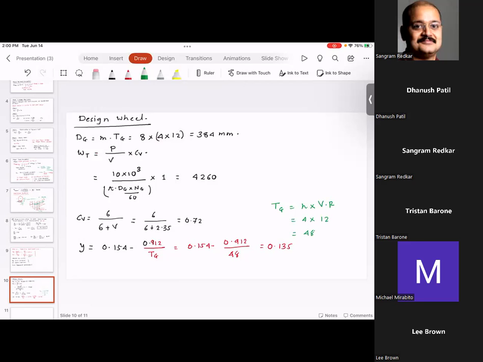And the worm is made up of, say, steel or cast iron, but we are going to assume the wheel is made with phosphor bronze. And for that, we assume sigma O is equal to 84 Newton per millimeter square.